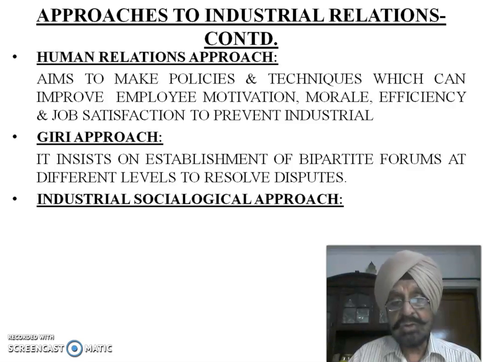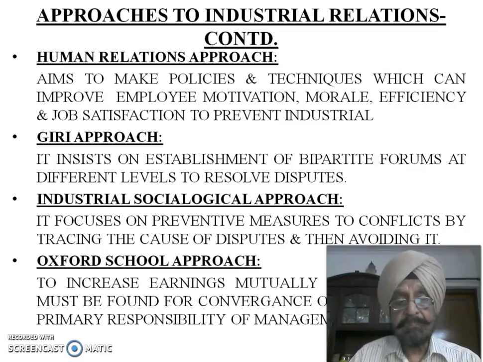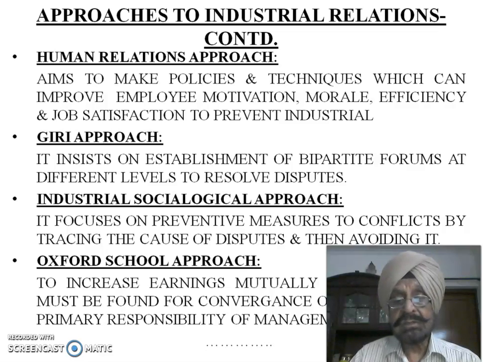The industrial sociology approach: it focuses on preventive measures against conflicts by tracing the causes of disputes and then avoiding them. Oxford School: to increase earnings, mutually beneficial ways must be found for convergence of interest, with the primary responsibility on the management. So these were various approaches to industrial relations.